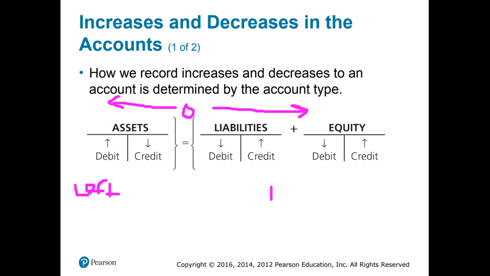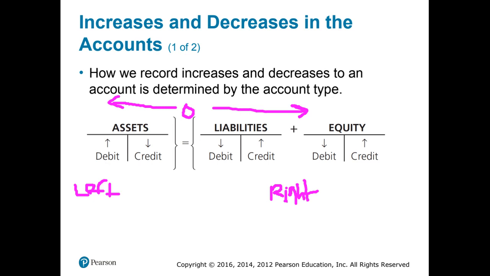to increase our liabilities. We're going to move to the right. So that means that liabilities increase with a credit. Equity increases with a credit. So the first thing is to make sure you know what an asset is, what a liability is, and what an equity account is.